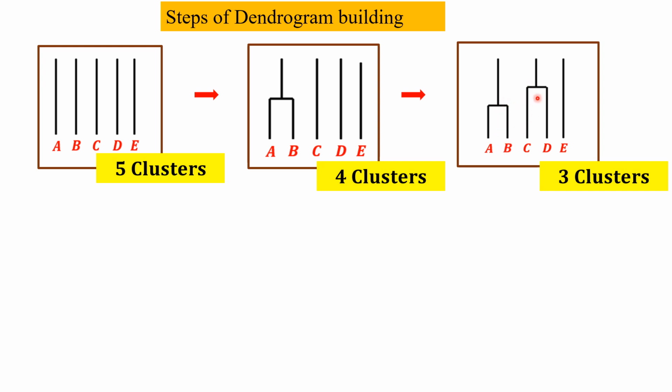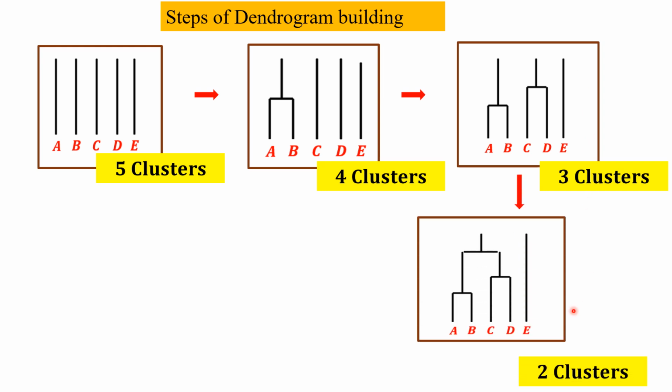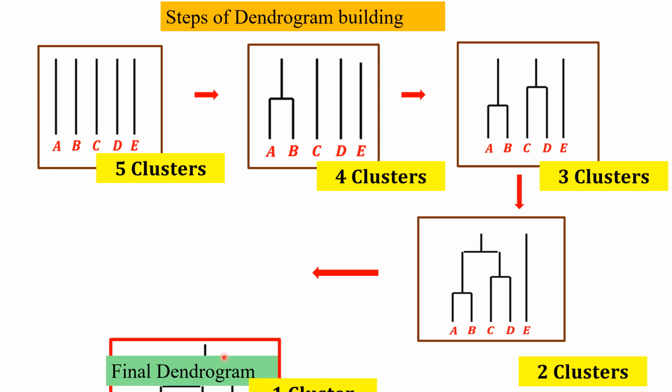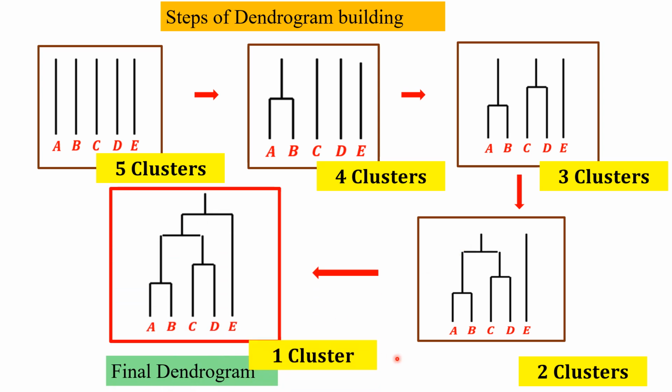So first AB, then CD, to get 3 clusters. Then 2 clusters, because here ABCD also has been joined. Finally, the final dendrogram comes out this way, where we have only 1 cluster remaining, which is the combination of all the points put together.